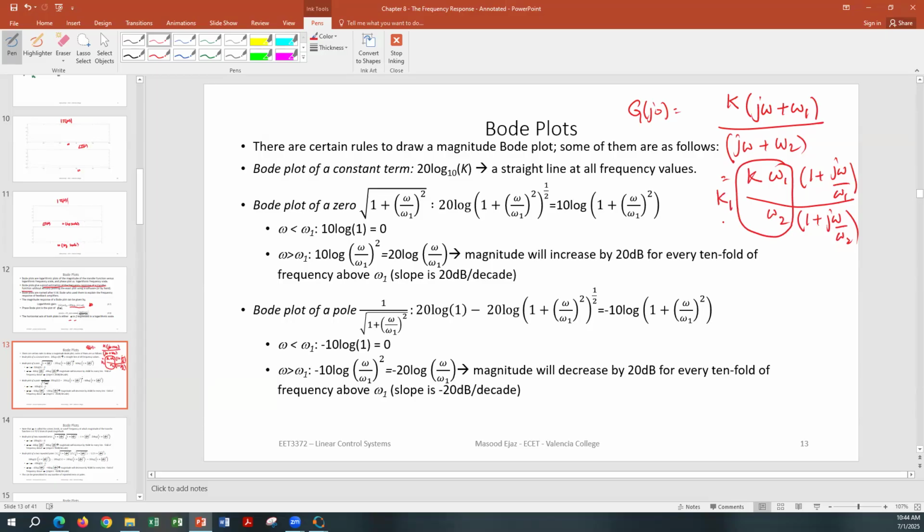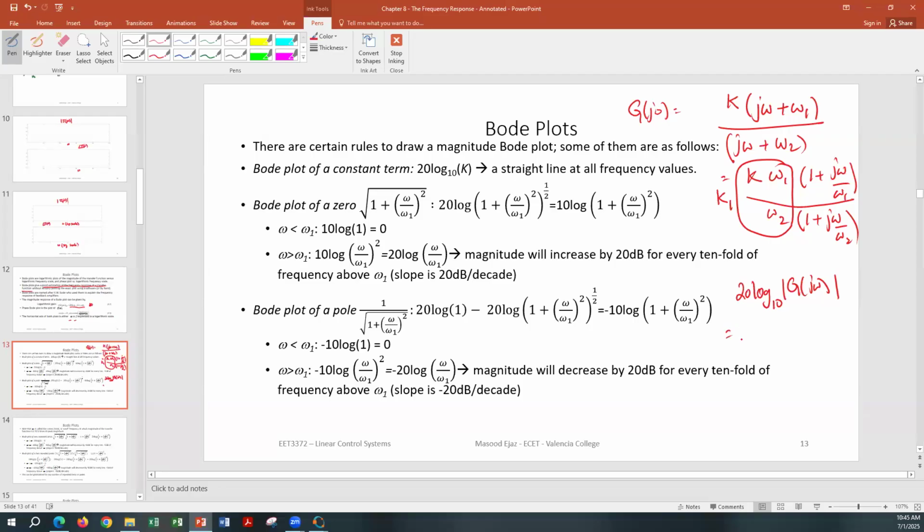So the idea is how you are going to plot the approximation in decibel scale of that function, G(j omega). If you take the log of this, 20 log to the base 10 of G(j omega), and you take the magnitude of that, it's going to be the magnitude of K1 times the magnitude of the numerator divided by the magnitude of the denominator.